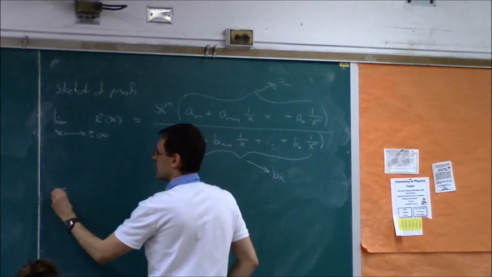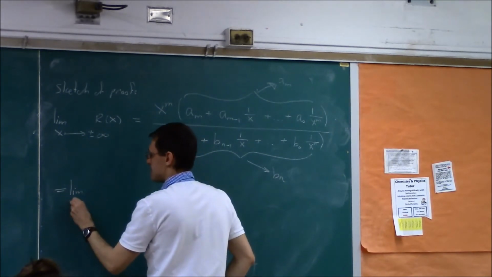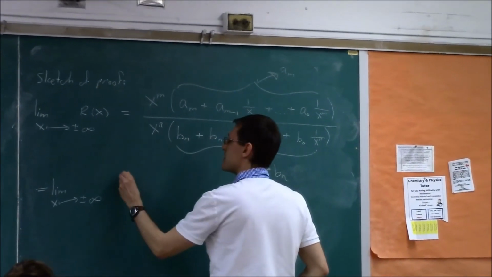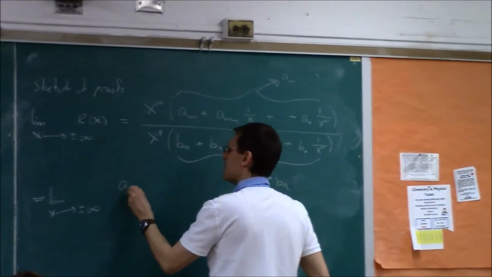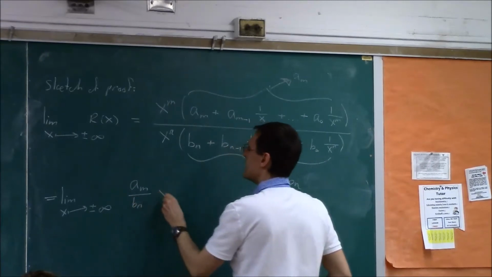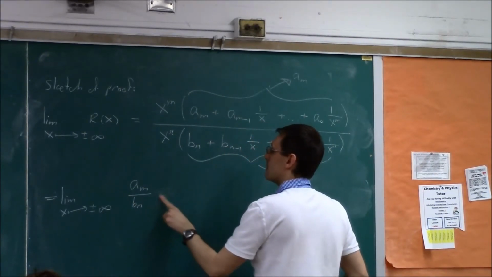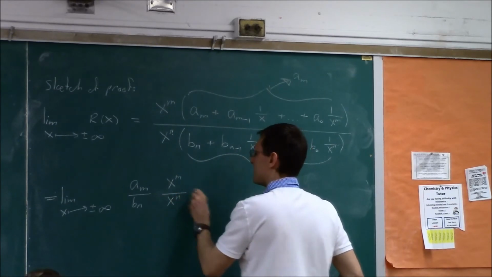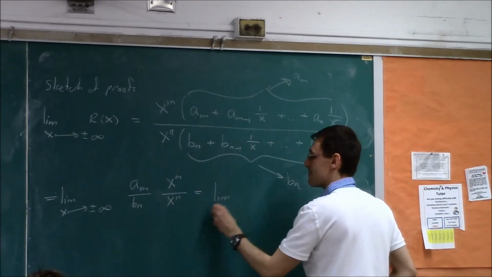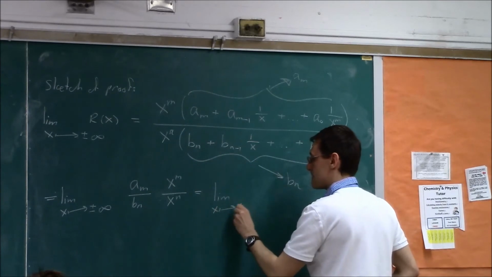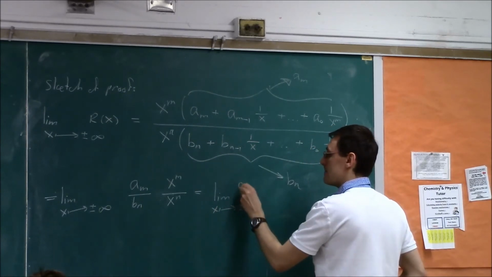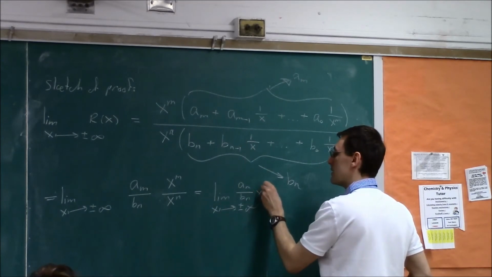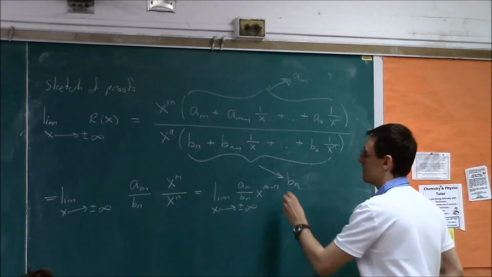So this limit is the same as that of a_m over b_n times x to the m over x to the n, which is just a_m over b_n times x to the m minus n.